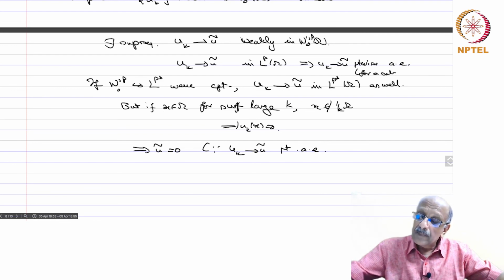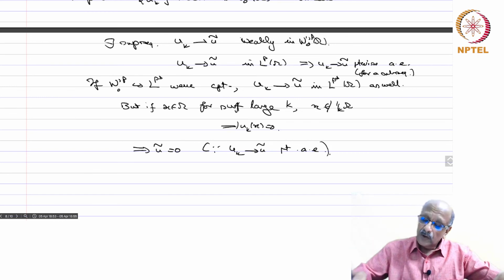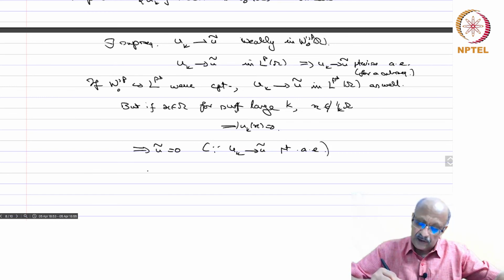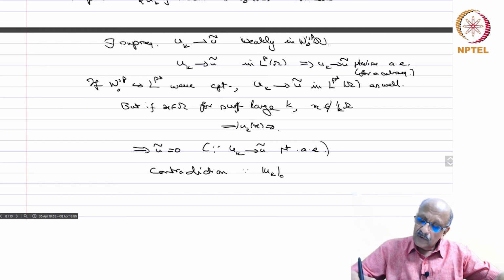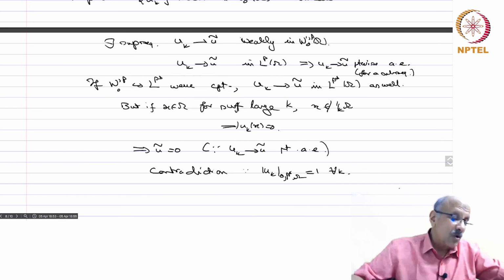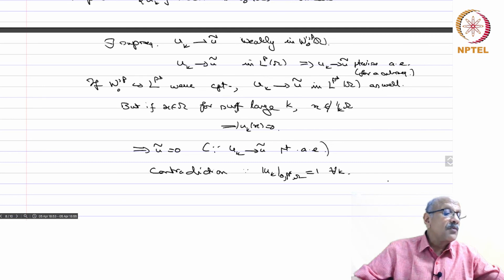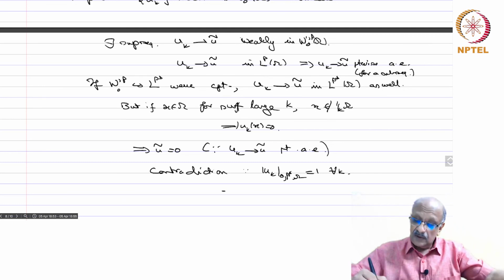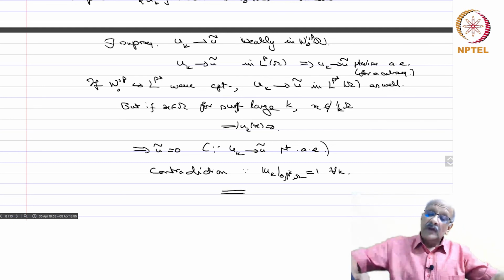I am keeping on working with a smaller and smaller subsequence. But that's a contradiction, since the L^{p*} norm of u_k equals 1 for all k. So it can't go to 0 in L^{p*}. Okay, so that proves this thing. We'll continue with this.